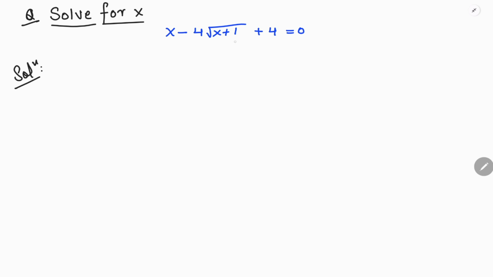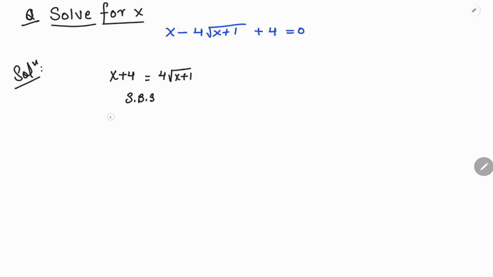If I have x plus 4 on the left hand side, I can take this square root on the right hand side. Now since we have a square root, I will square both sides.